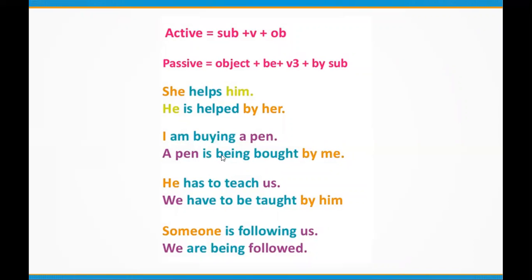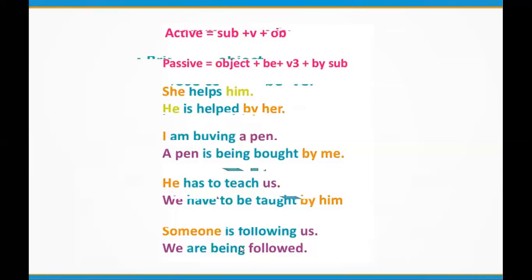So a pen is being bought by me. Next question. He has to teach us. We have to be taught by him. So here again, we is an object. Someone is following us. We are being followed.